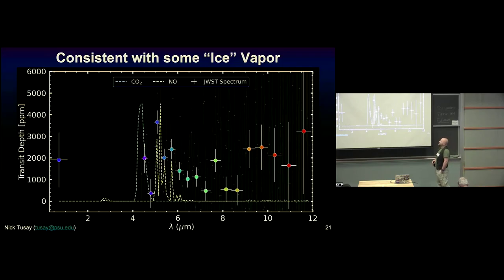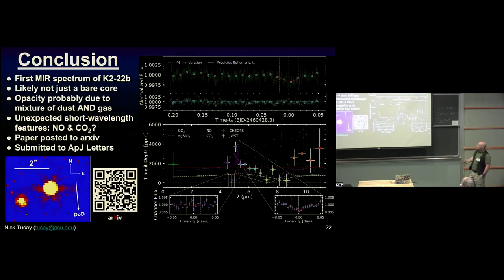That's important for the reviewer. But what does this mean? Why are we seeing NO and CO2 on a rocky body that is 3 stellar radii away from its host star? Seems unlikely. I agree. But that's why I'm an observer, and I have brought you questions. That's a good one. Great, moving on.